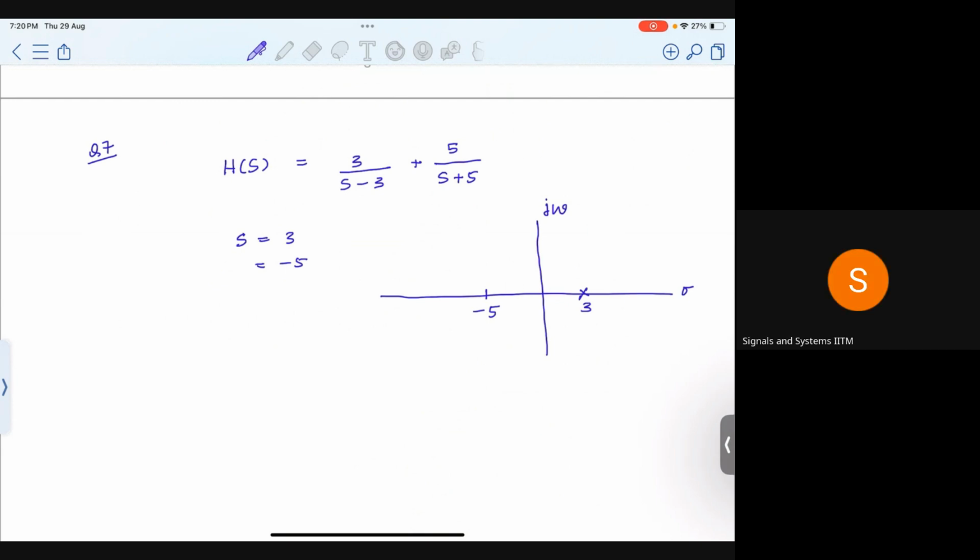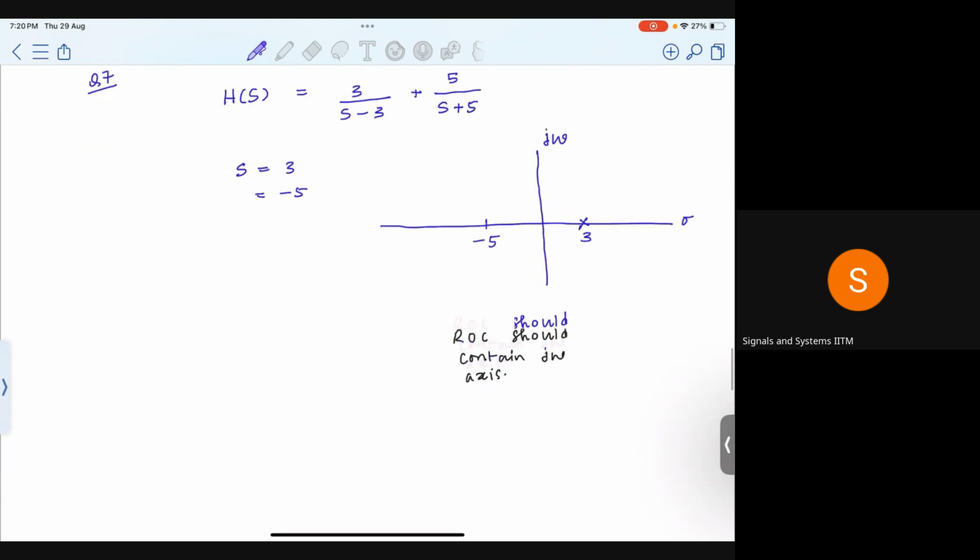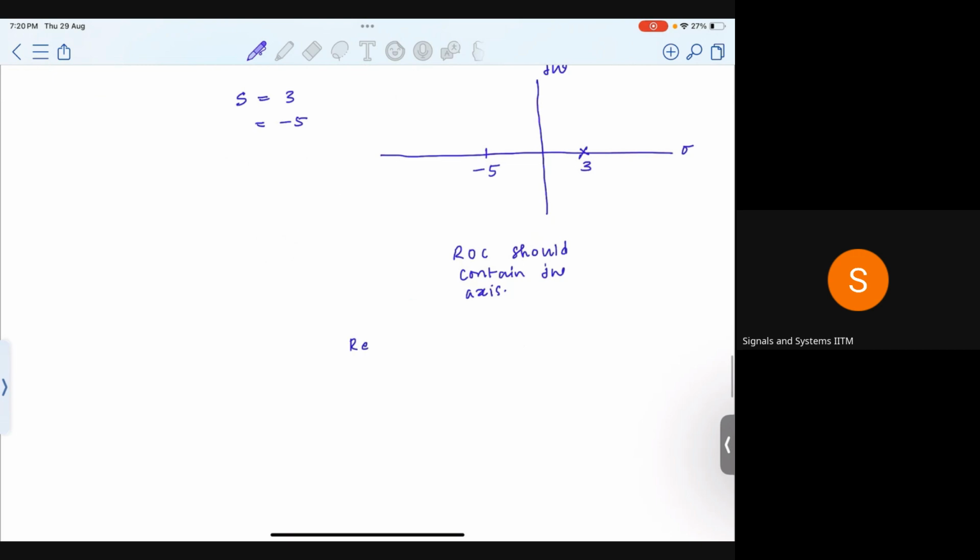And if the system should be stable, what does that mean? The ROC should contain the j omega axis. Okay, which implies the ROC is real part of s should be greater than minus 5.